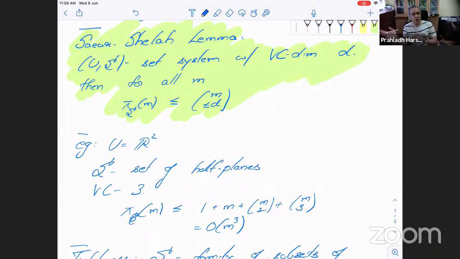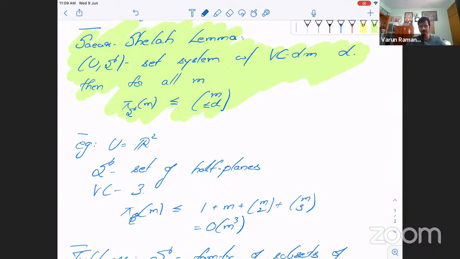Pi S of m will be equal to m choose less than or equal to D. Take any set and see how many sets it gets broken up into. You will see all possible subsets of it of size at most D. So this is tight.